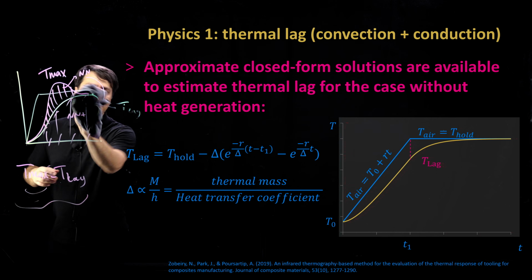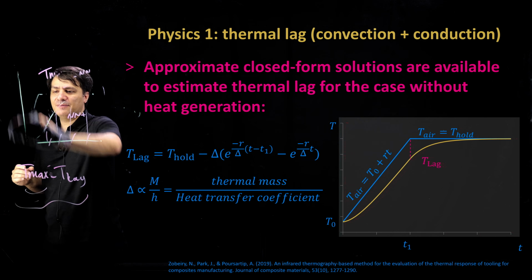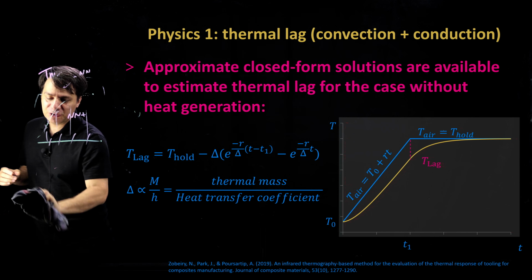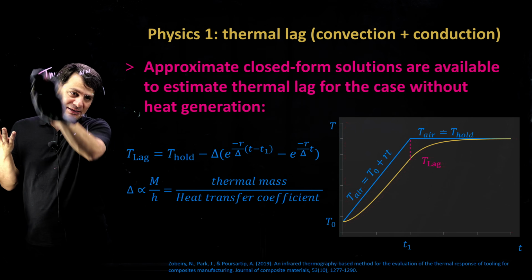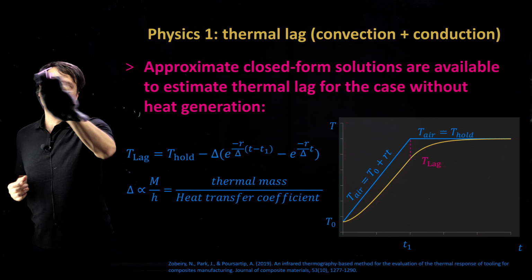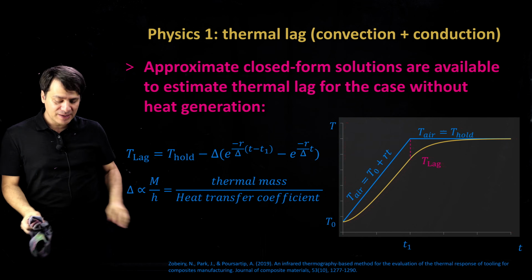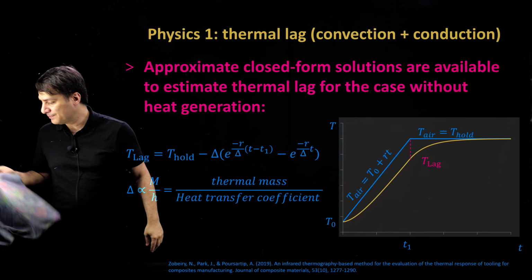I'm not going to go into the underlying physics for the simpler component, which is conduction plus convection. It's available in the literature if you're interested. I provided the paper that we have published on this topic, actually. But the intuition behind this is given here.